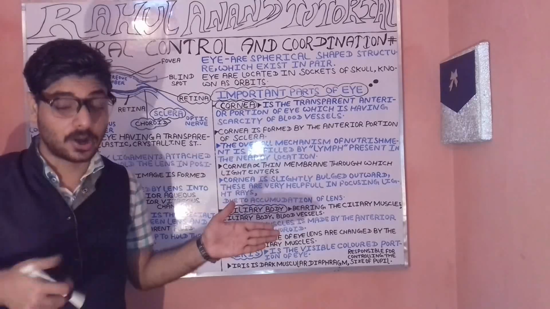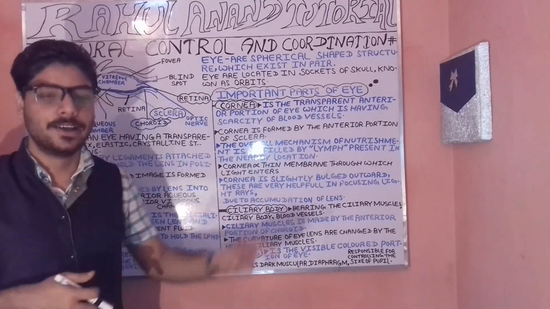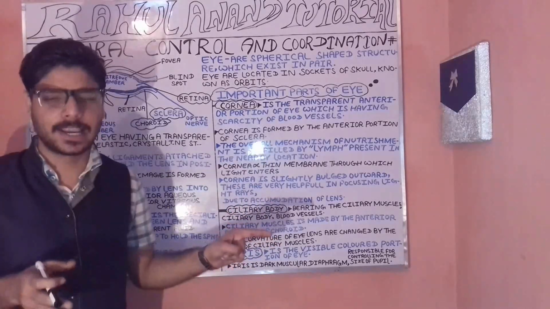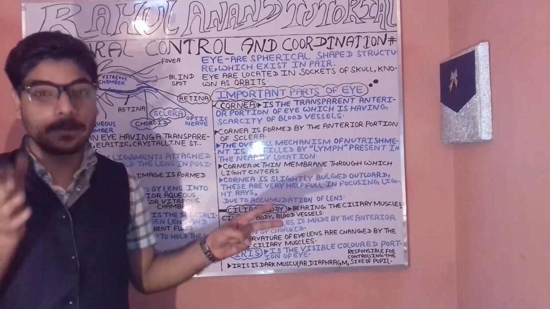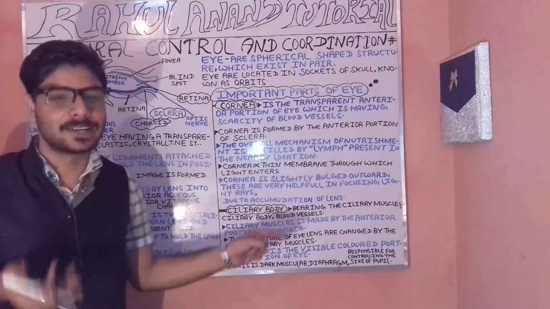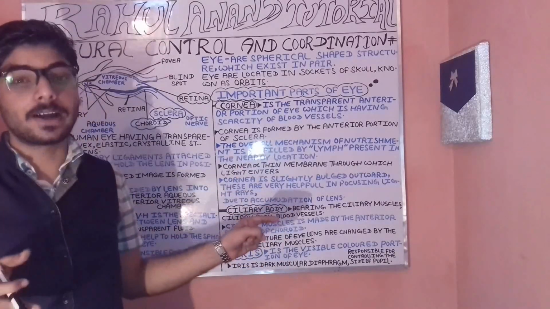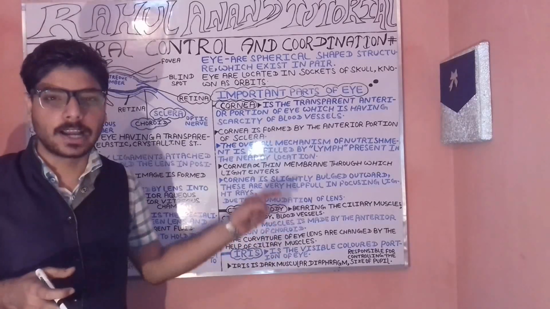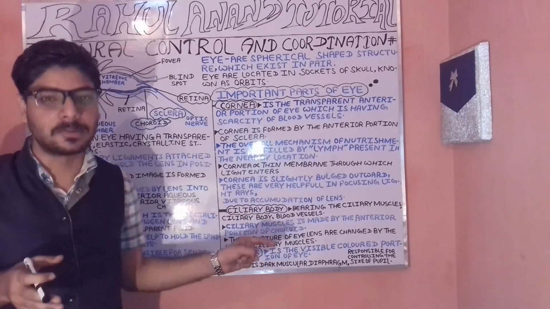What are the components of the eye? We have dealt with the choroid, the sclera, and the retina. We have also dealt with other parts, such as the cornea, the lens, and the iris.